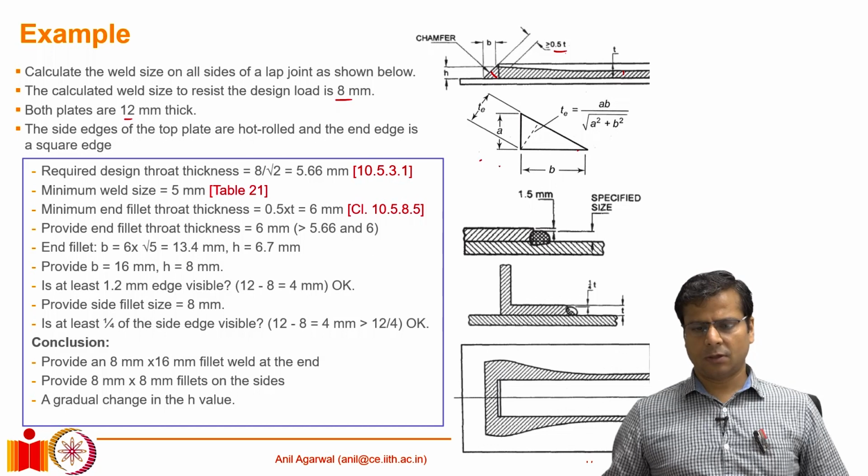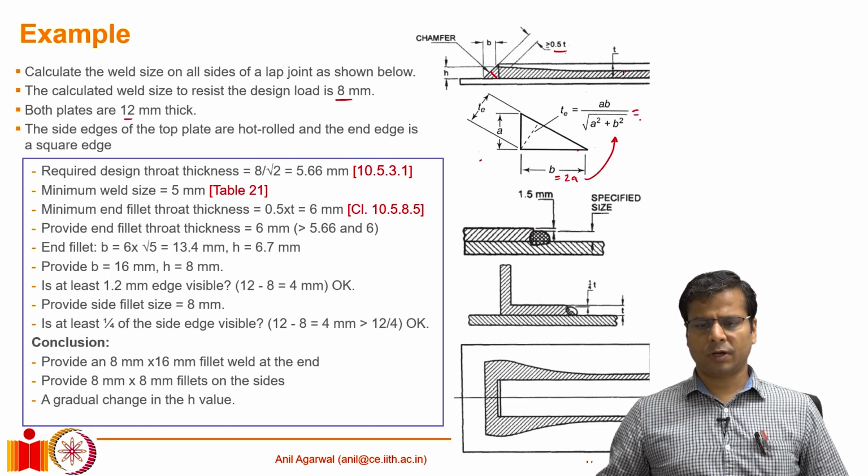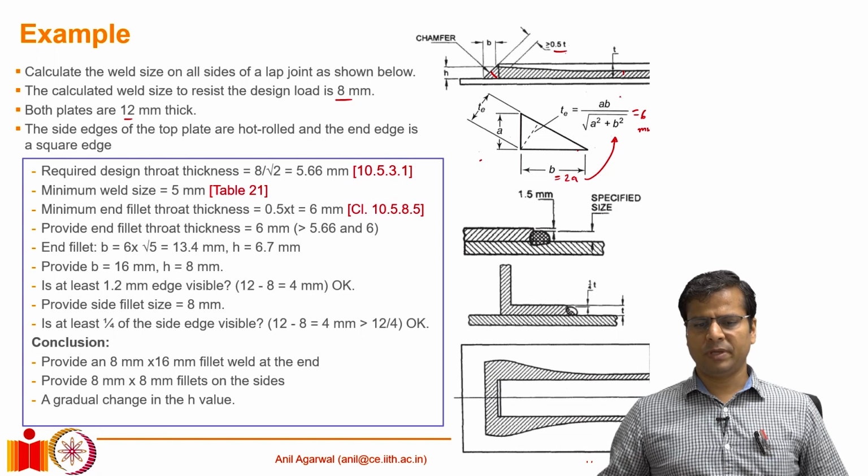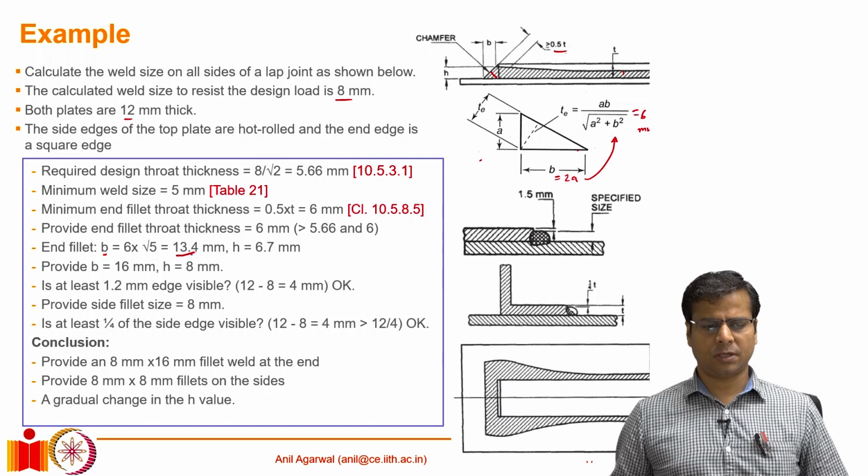In addition to that, now we look at the geometry of the end fillet. We know that B is 2 times A, and if we substitute that into this expression, we can calculate B for a throat thickness of 6 millimeters that we just calculated. If we do that, we find that B, the horizontal dimension, turns out to be 13.4 millimeter, and H, which can be called A here, turns out to be 6.7 millimeter.